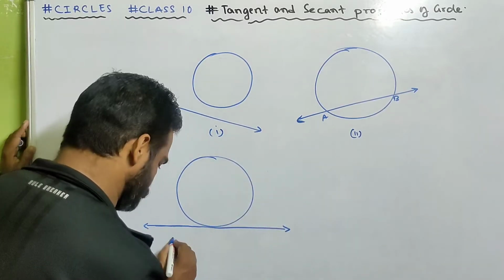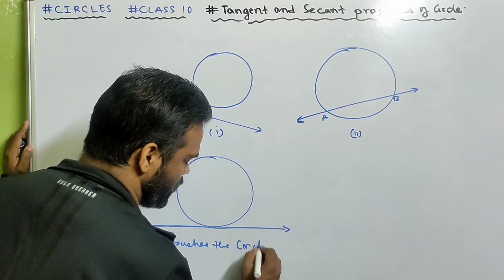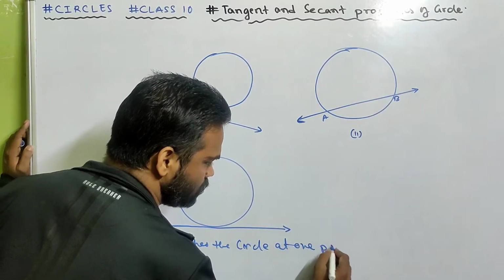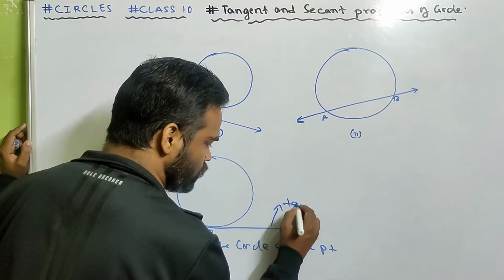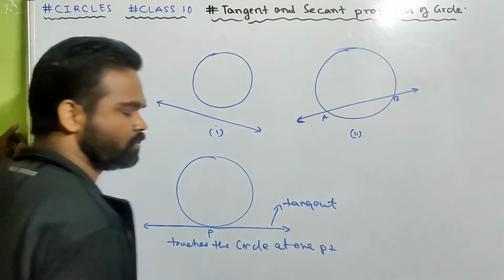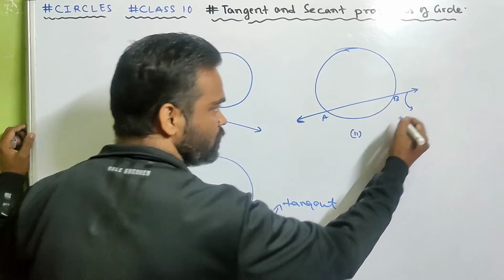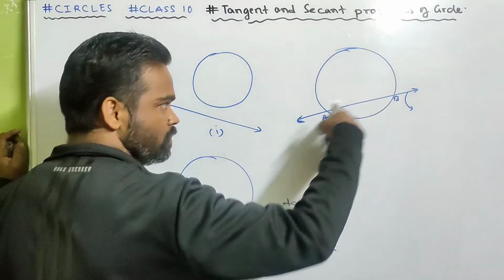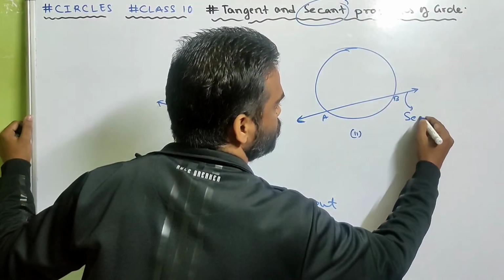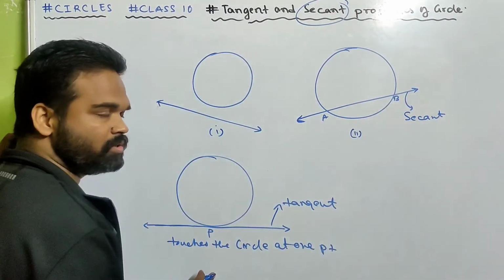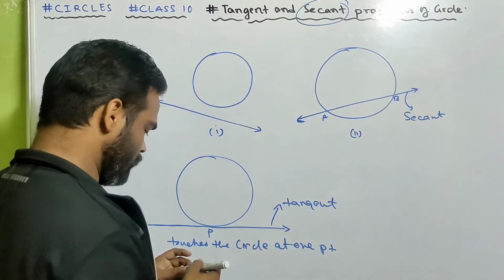Mind it, touches the circle at one point, suppose P. Then this line is known as the tangent of this circle, and this line, where the line intersects the circle at two different points, is known as the secant. This is your tangent and this is your secant. Understood?